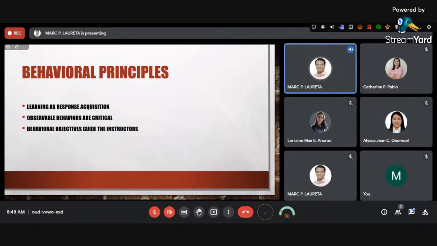Then third, learning is guided by behavioral objectives. Behavioral objectives guide the instructors. Then operant conditioning, programmed instruction, mastery learning are all viable strategies based on behavioral principles of learning theories. However, learning is considered passive and the learning process needs to be directed all the time.